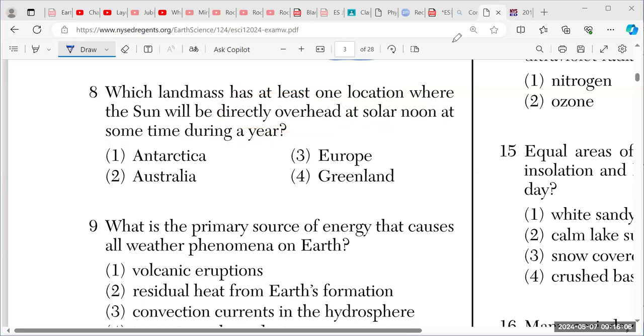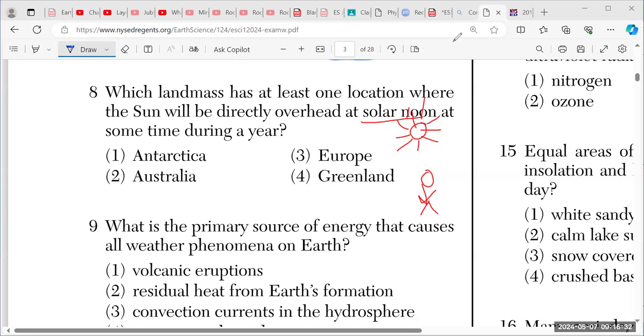One of the things that's very important that we have to know is that not everywhere on the Earth will the sun be directly over an observer's head during solar noon. There are some locations on Earth where this occurs, and the Earth's tilt gives us an idea of that.